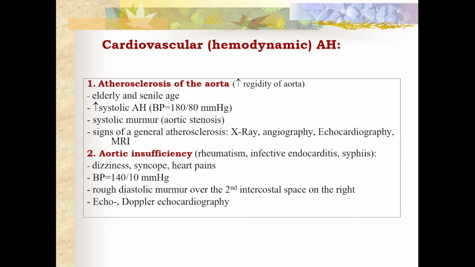During auscultation over the aorta we can reveal a harsh systolic murmur in the second intercostal space to the right and over Botkin point. And we can reveal signs of general atherosclerosis, peripheral atherosclerosis.